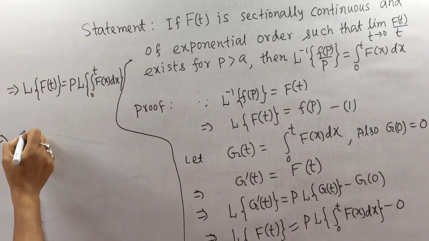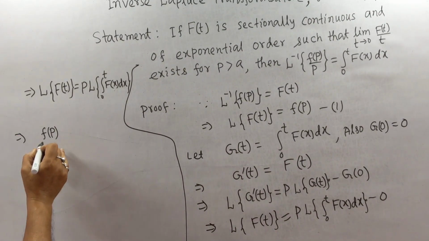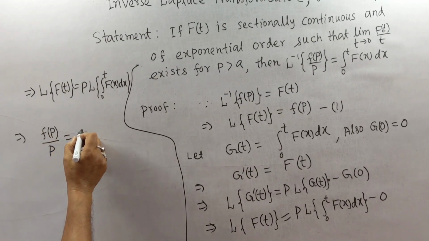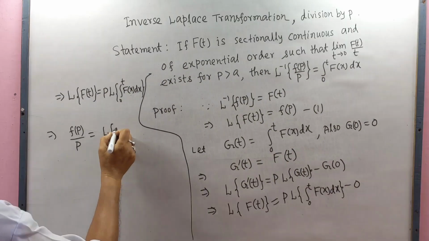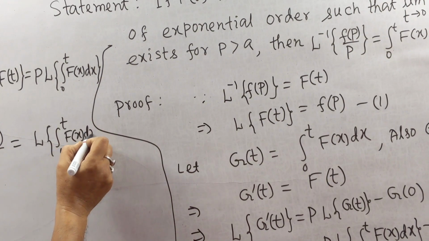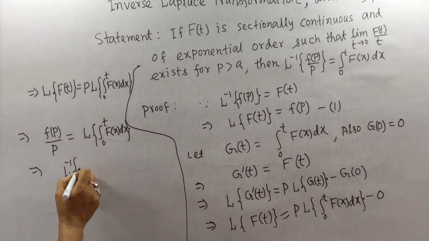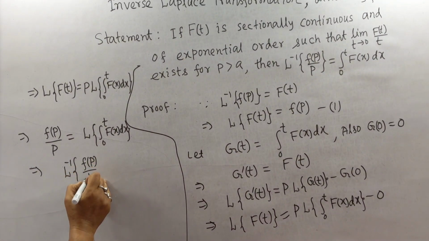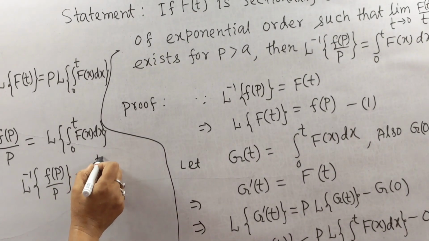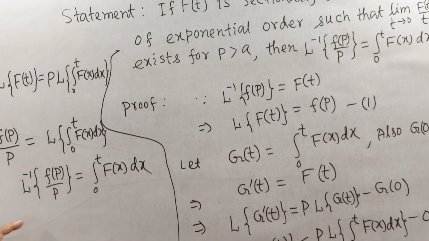This is small f(p), and p comes to the left side: f(p)/p equals L{integral from 0 to t of F(x) dx}. This implies L inverse f(p)/p equals the integral from 0 to t of F(x) dx. This is the required result.